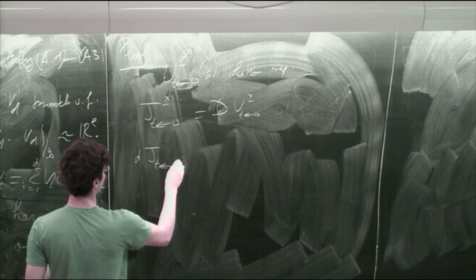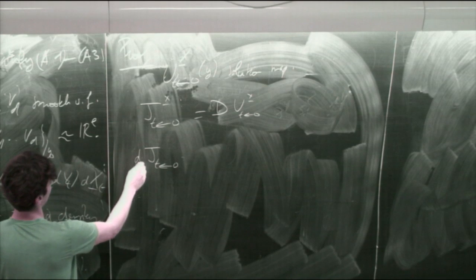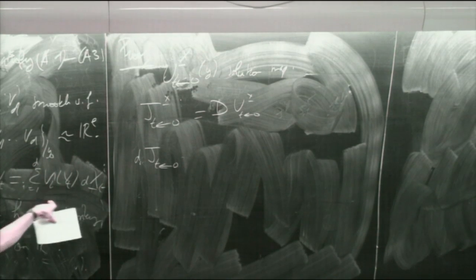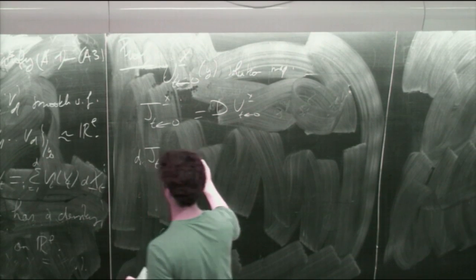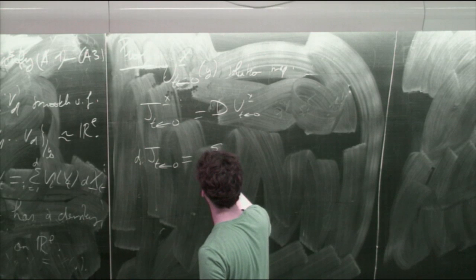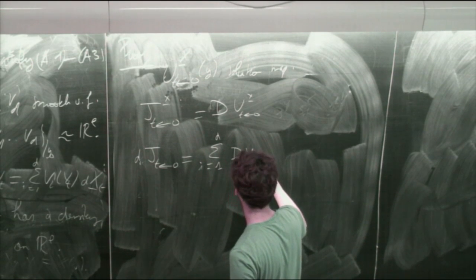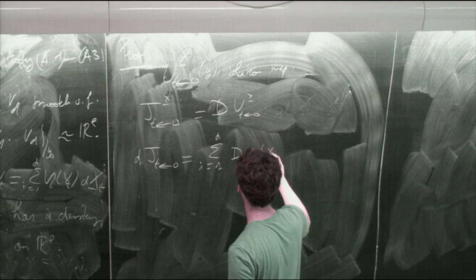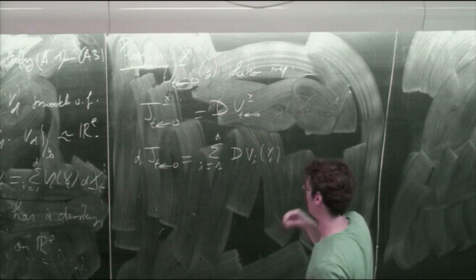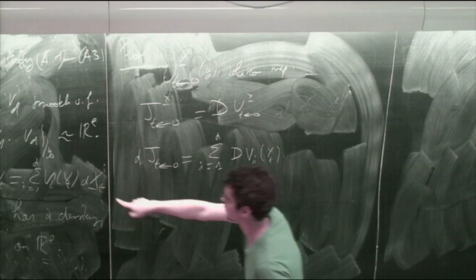dj from 0 to T, so this is a differential in T, right? And you just differentiate this formally, so you get the sum from i equal 1 to d of dVi of Yt. Then you have the chain rule, right?